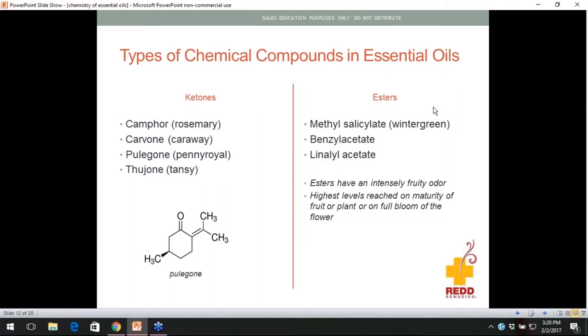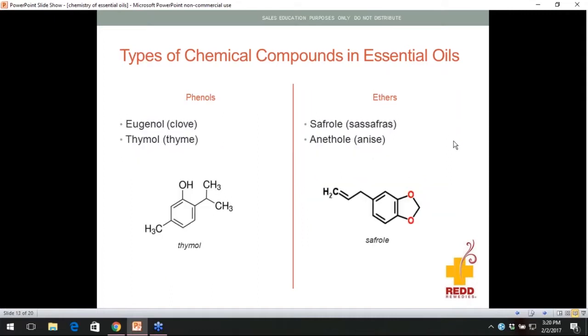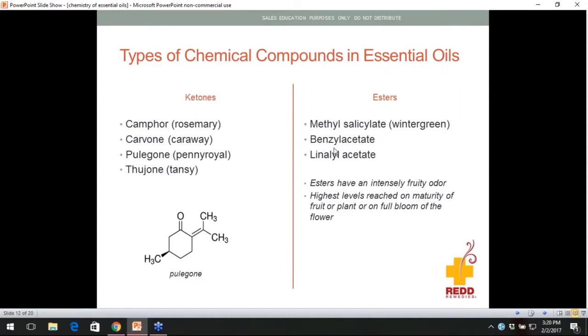Now, I tried to put compounds up here that you may have seen before, okay? So like benzyl acetate. You see benzyl acetate a lot, like on a cosmetic label, and it looks like a really ugly word, but it's in cinnamon, it's in wintergreen, it is in lemongrass, it is in rosemary.